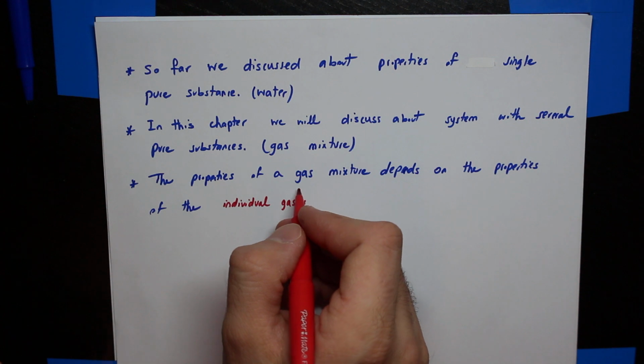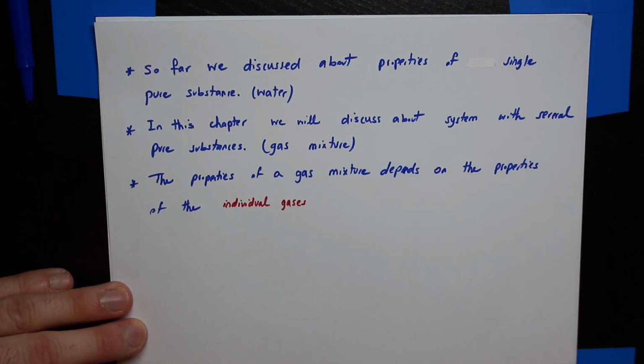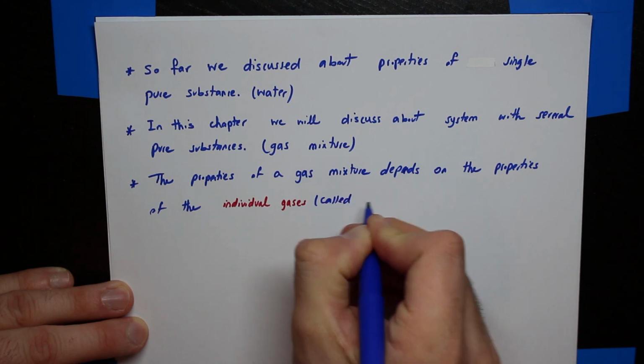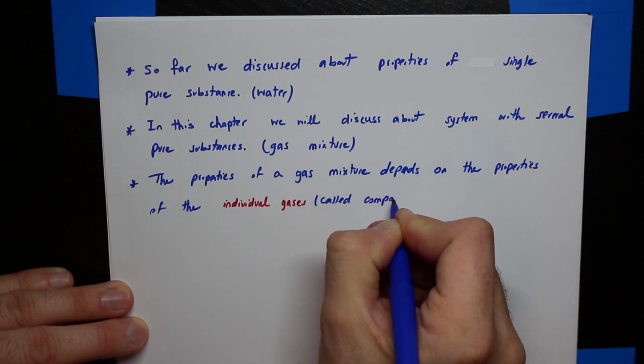Okay, so those individual gases are called components.